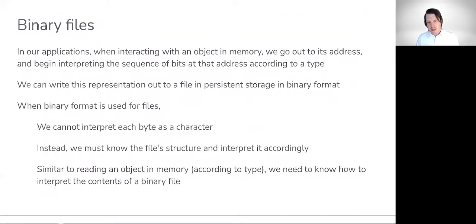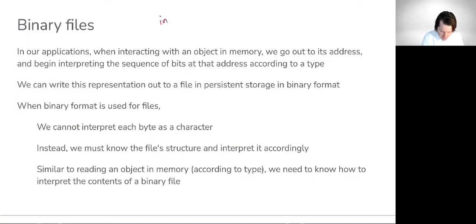In our application, so I'm talking about our in-memory representation of these objects that our programs are interacting with, when interacting with an object in memory, we have to go out to its address and begin interpreting the sequence of bits at that address according to its base type.